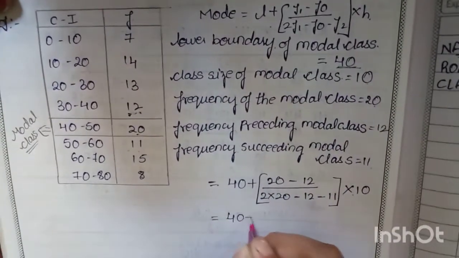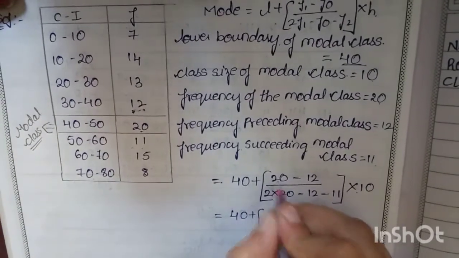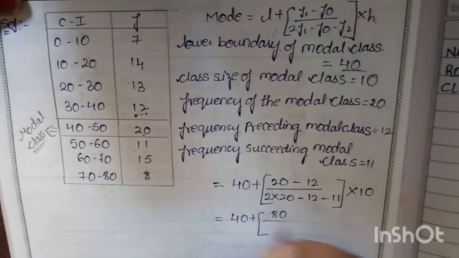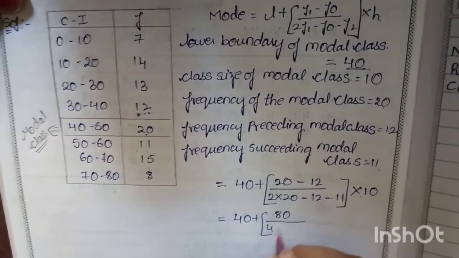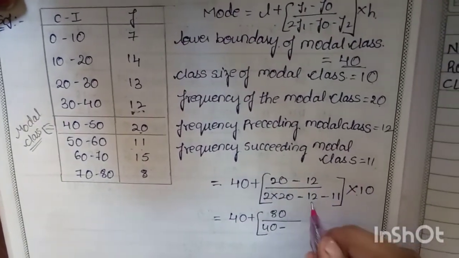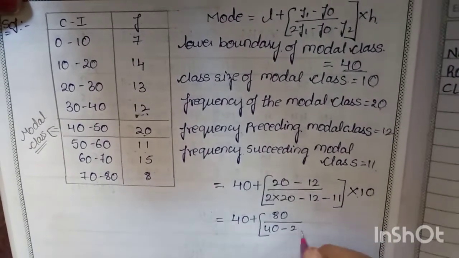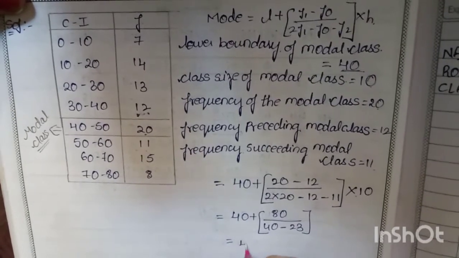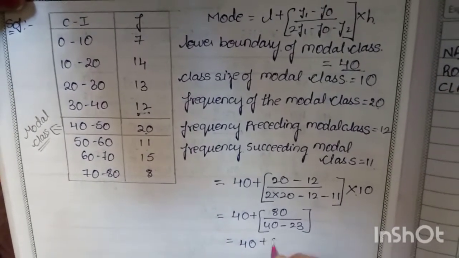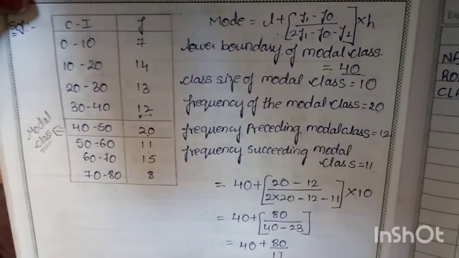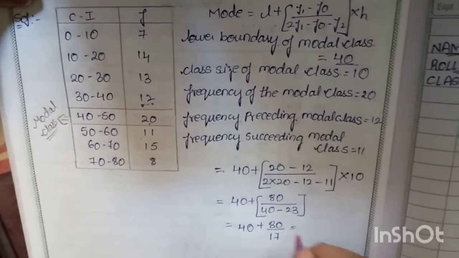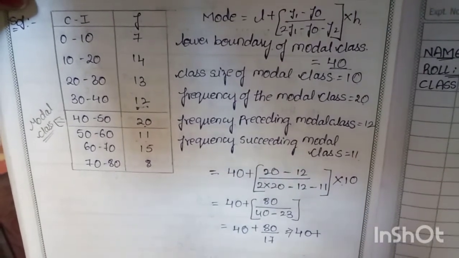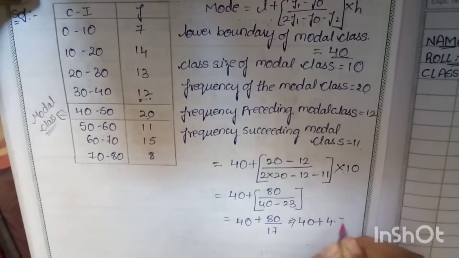So on simplifying it will be 20 minus 12 is 8, and 8 into 10 is 80 by 2 into 20 is 40 minus 12 plus 11, 23. So it will be equal to 40 plus 80 by 17. 40 plus, so when you simplify this 80 by 17, you get it as 4.7.